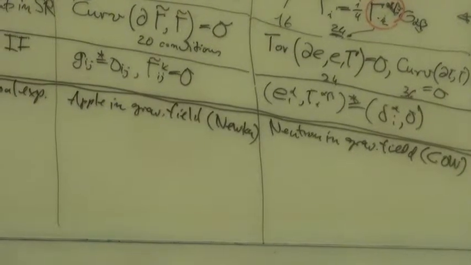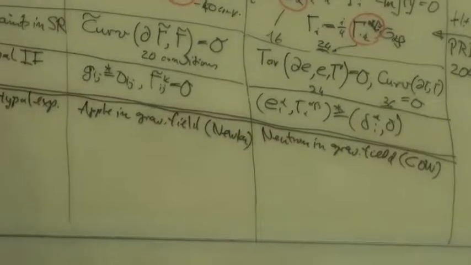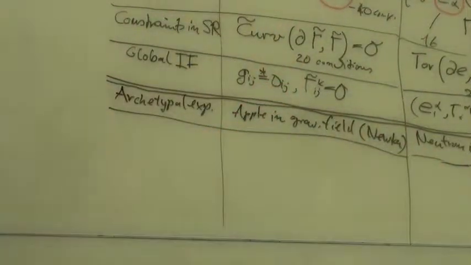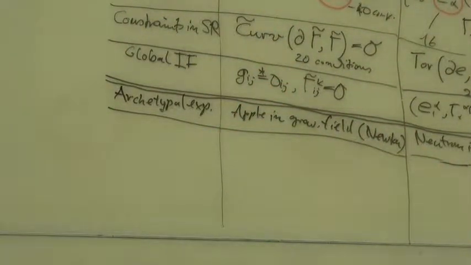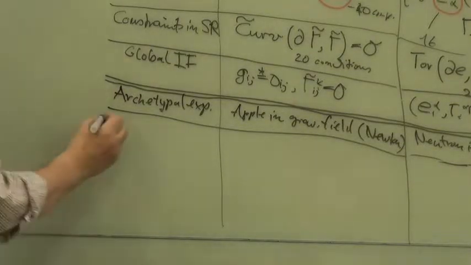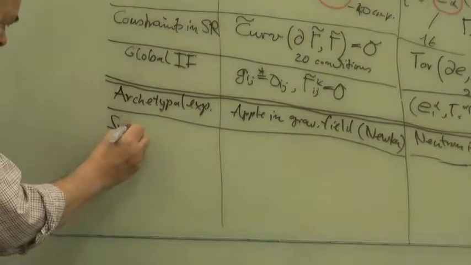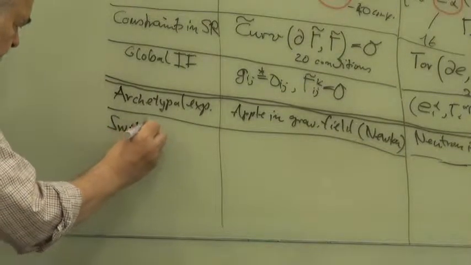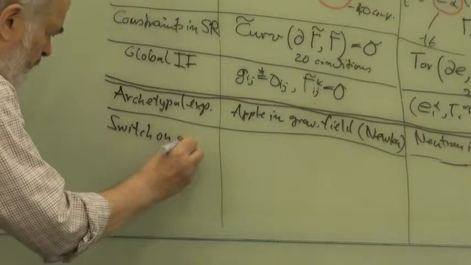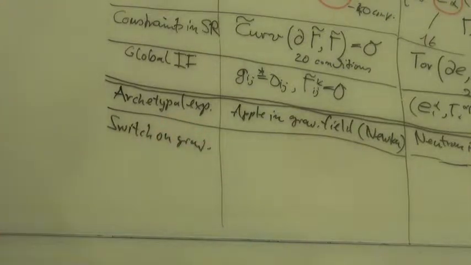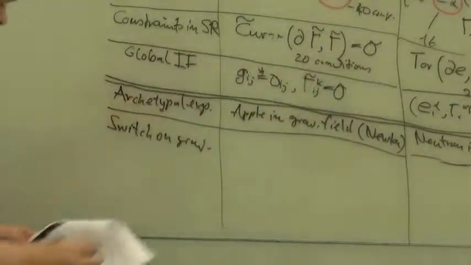Okay, and now switch on gravity. Of course, it's always there. If one makes special relativity and neglects gravity, it's only possible in a certain approximation. And then, of course, Einstein just said, well, let us forget this constraint.